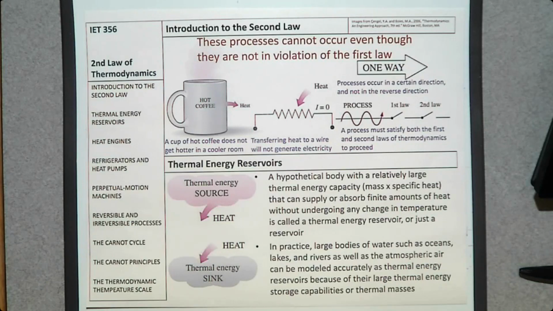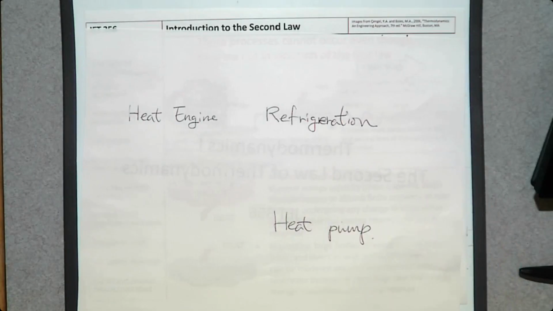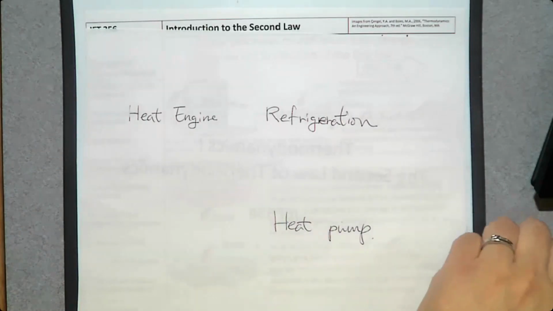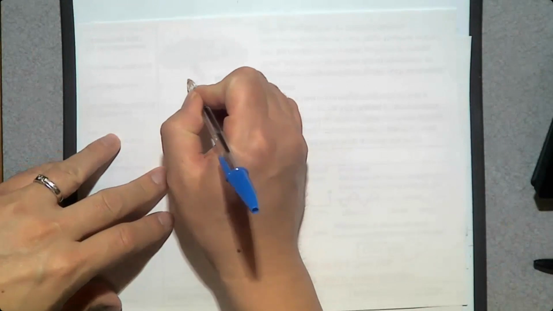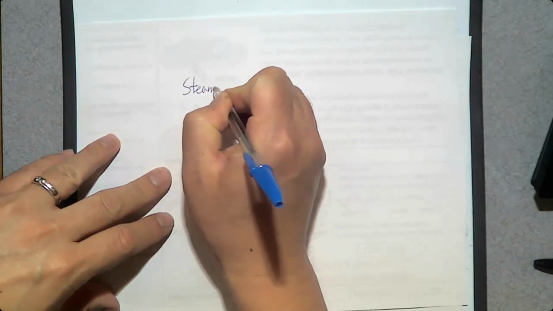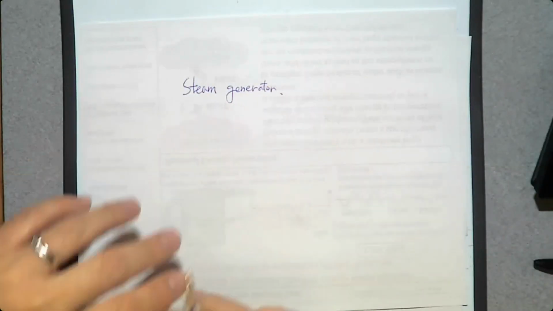Then why do we use these concepts? Let's talk about how we produce electricity. We produce electricity by using a thermodynamic cycle. So briefly speaking, we use a steam generator, which will generate steam by heating water.